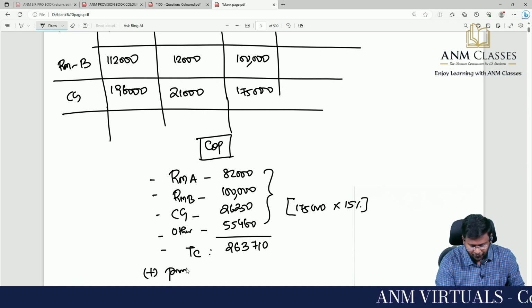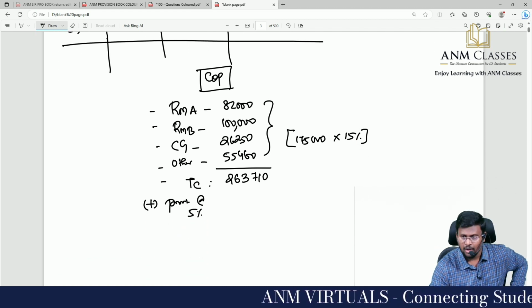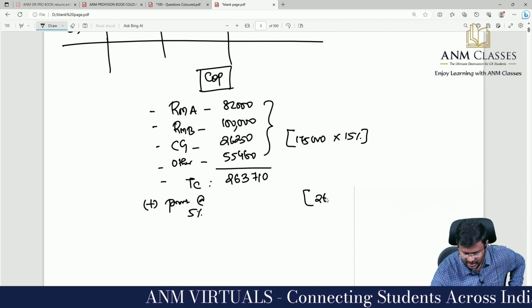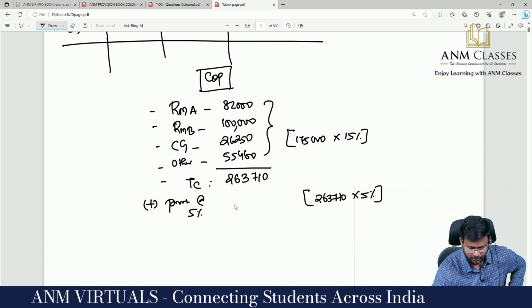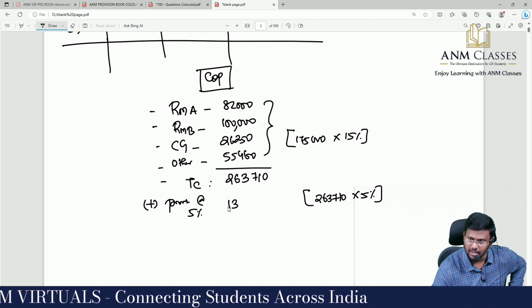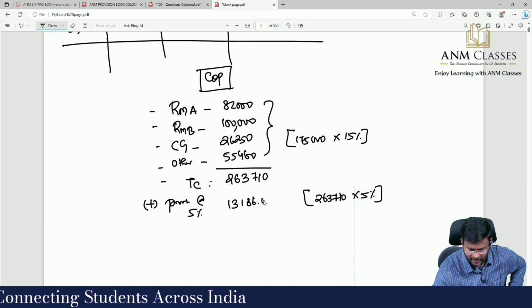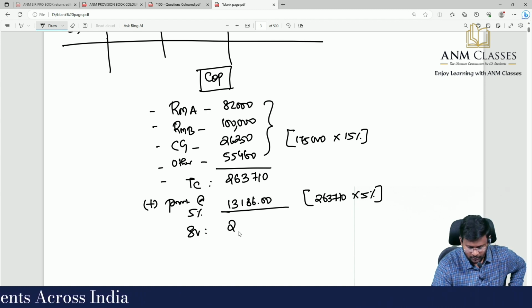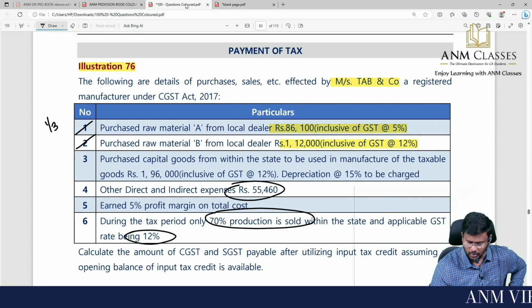Add profit at 5% on cost. 2,63,710 into 5% comes to 13,186. What is the sales value? 2,76,896. So that's how they are finding it out.